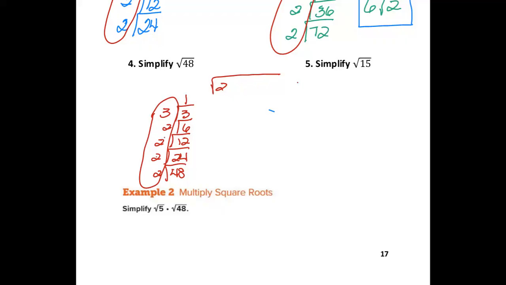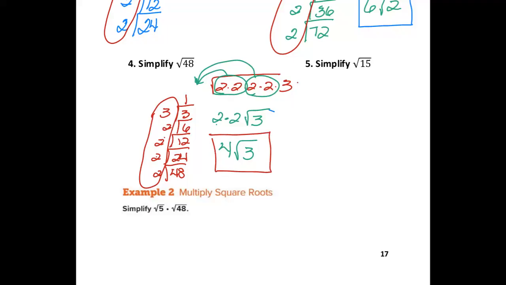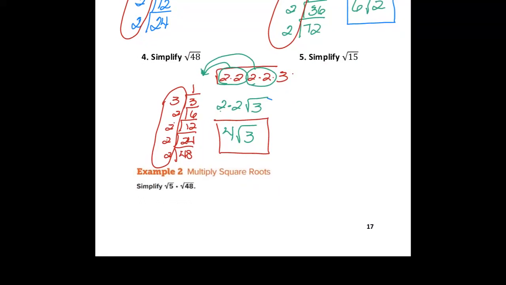So I have four 2's and one 3. Here's a pair of 2's. Here's a pair of 2's. Remember, only 1 gets multiplied on the outside. So 2 times this 2 times the square root of 3. 2 times 2 is 4 times the square root of 3. That is your final answer. Does anybody happen to get that one? Very nice.